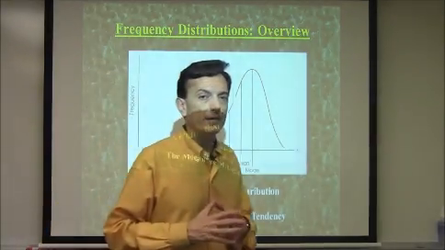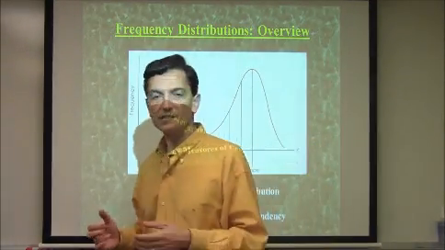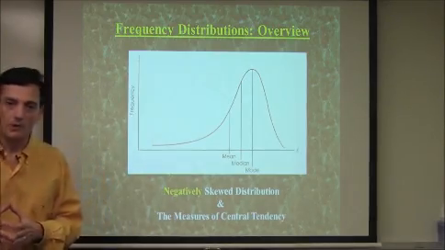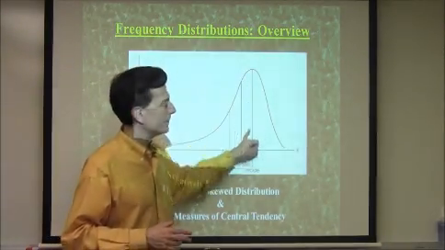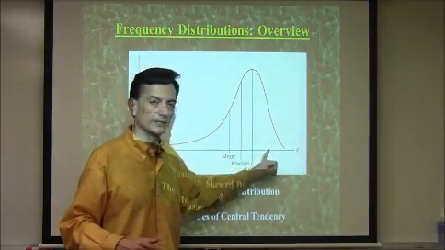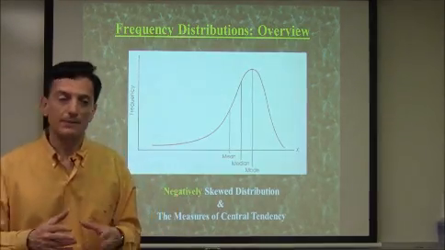Another example would be for humans' gestational period, or gestational duration. This is the length of time that a fetus will be in the mother's womb. For most humans, the modal tendency is going to be something like 9 months or so. But it's not that unusual for it to be a little bit longer, like maybe 9 months and a week, 9 months and 2 weeks, 9 months and 3 weeks.